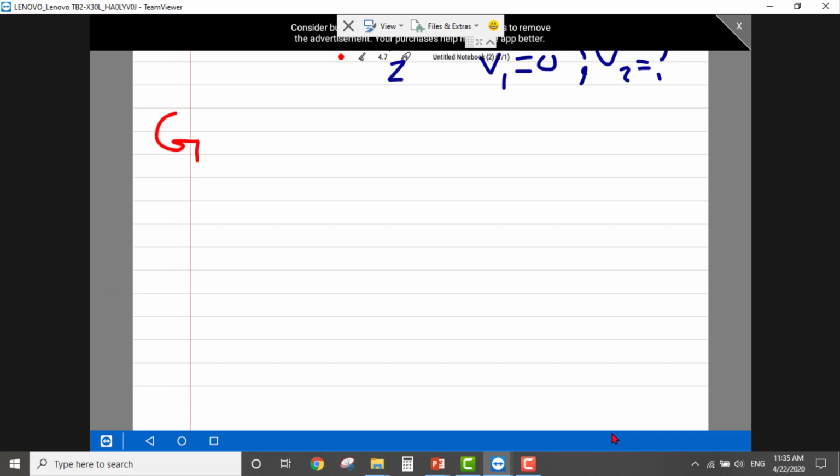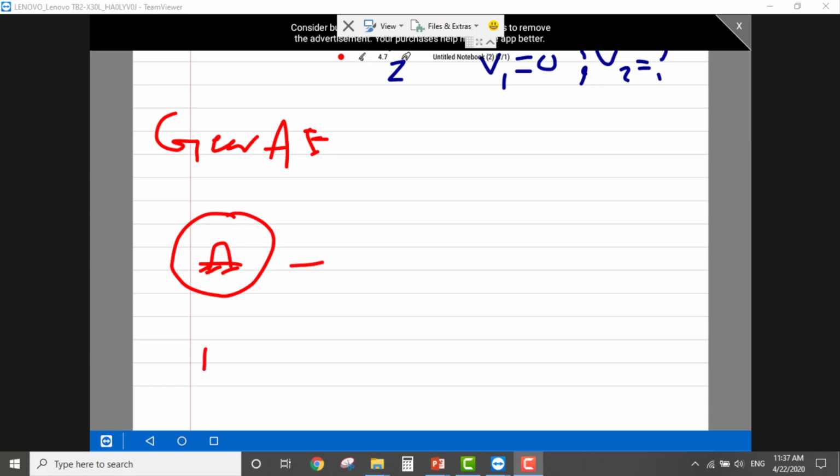So here we have gear A, and I'll start with state 1. So here is gear A, this is state 1, plus state 2, or the process from 1 to 2, and this is equal to state 2.